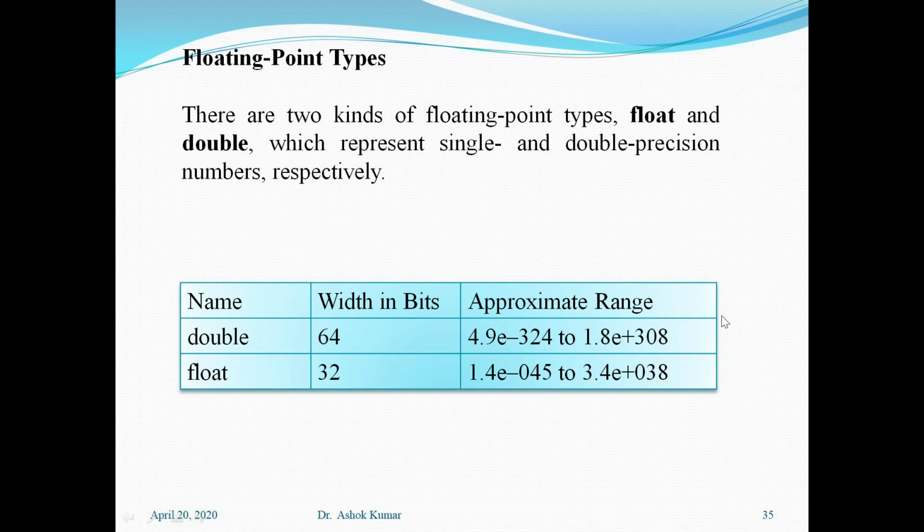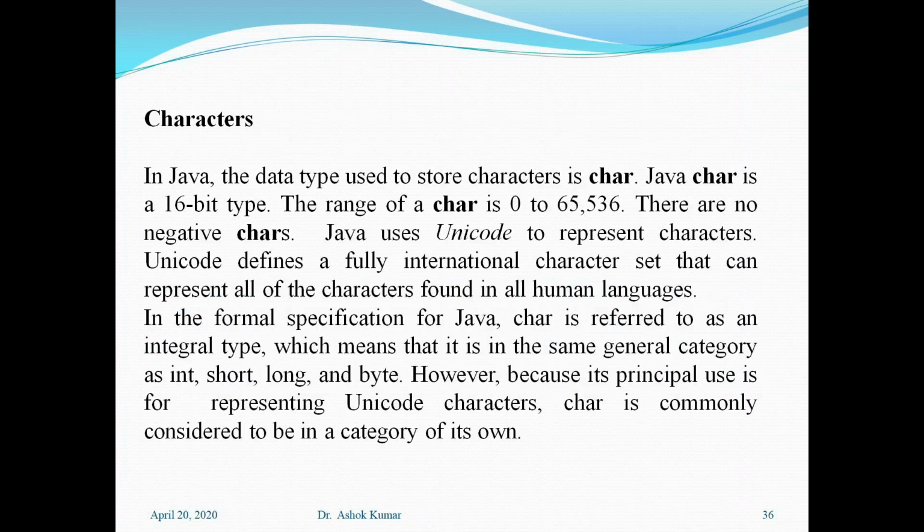Then comes the character data type. For a character variable in Java, 2 bytes of memory is allocated, and it is used to store any character. In Java, characters are Unicode characters. A Unicode character can store any symbol of any international language.